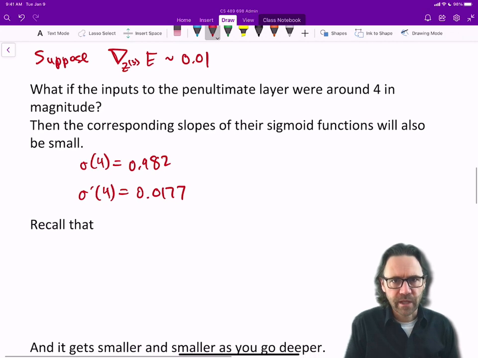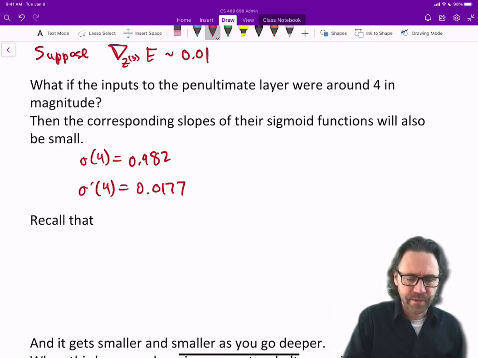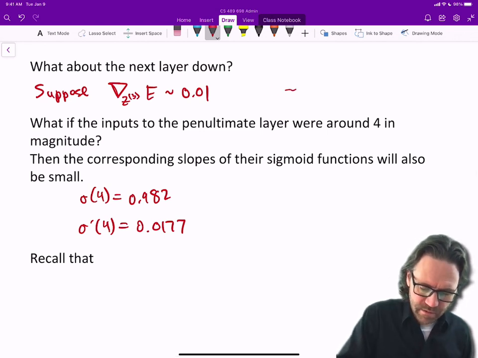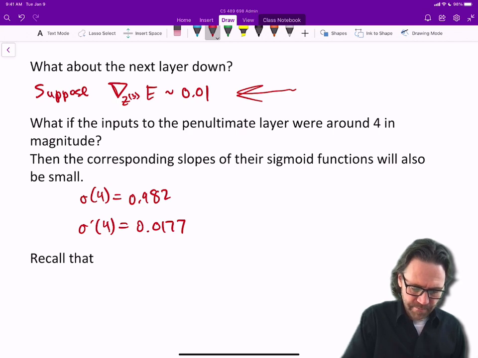And so let's do a step of backprop and take this gradient and push it down through this layer here.